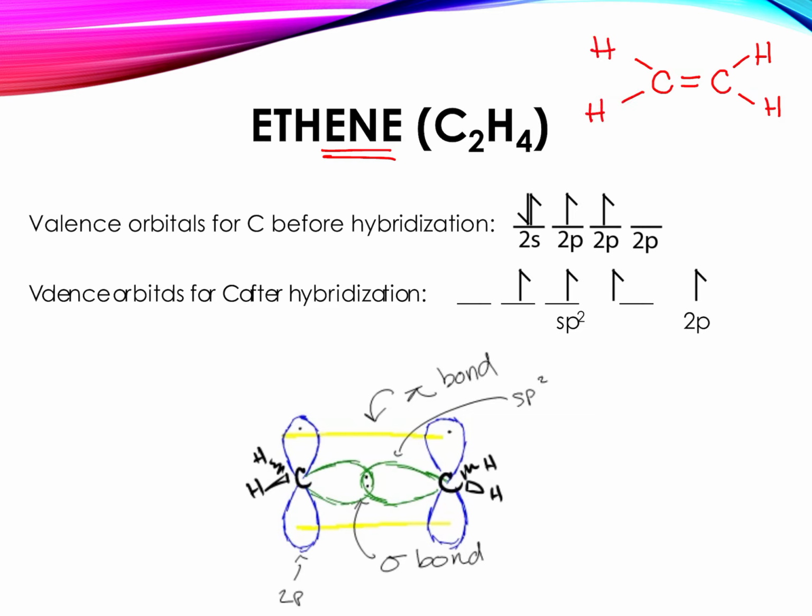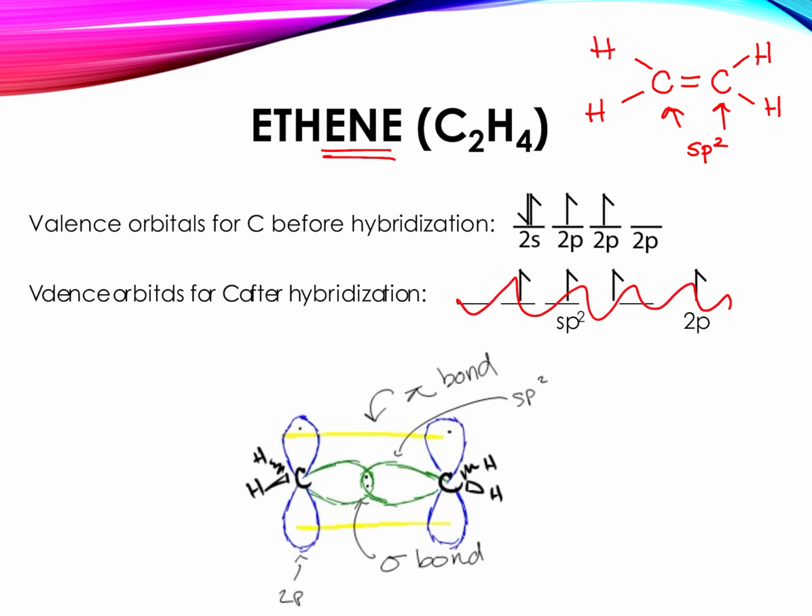The valence orbitals for carbon before hybridization: it has 2 electrons in the 2s and 2 electrons in the 2p. After hybridization, if we look at the Lewis structure, there are 3 areas of electron density. So we know that both of these carbons are going to be sp2, because there are 3 areas of electron density: the double bond and then 2 single bonds to the hydrogens.